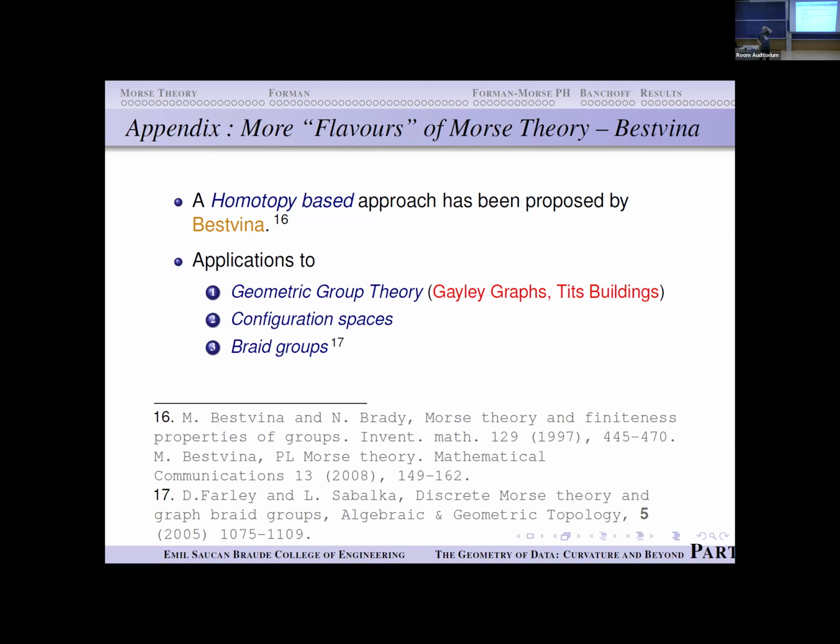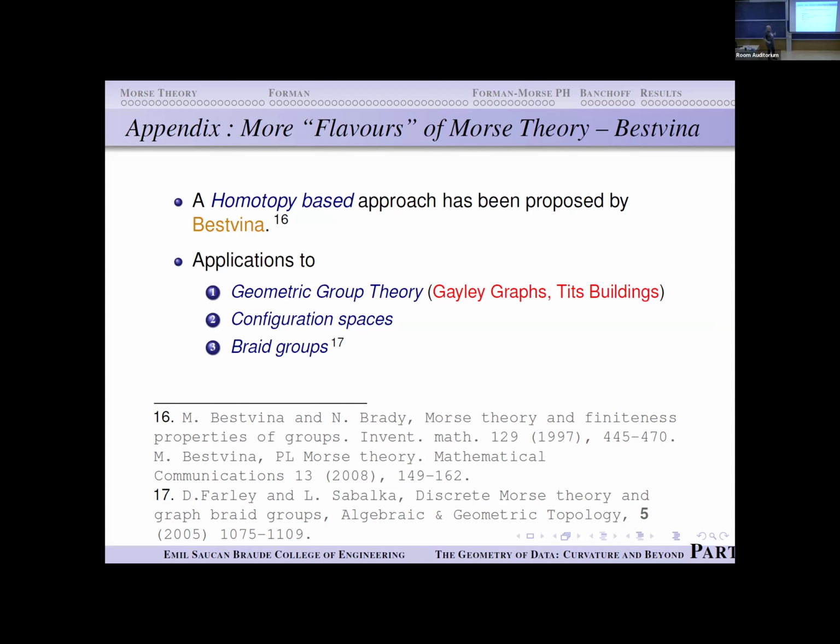I think I met him once or twice, but more importantly, I know his work. He has this paper with Brady and another one in Mathematical Communications. This is for sure a strong paper. This is easy to read, I would say.